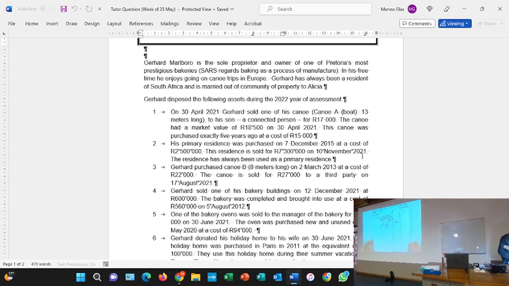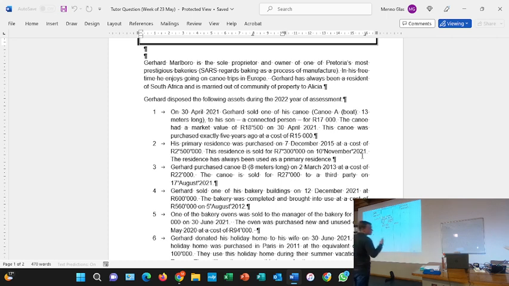Okay, note 2, primary residence. There's 2 exclusions you can get when you dispose of your primary residence. It's the first 200 or 2 million in proceeds, or the first 2 million in your gains.